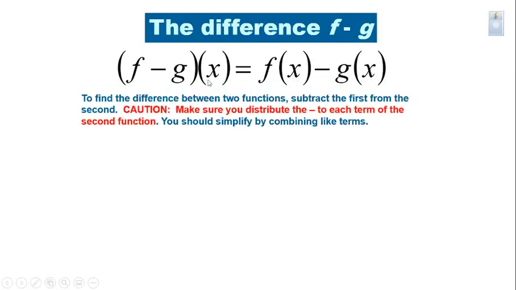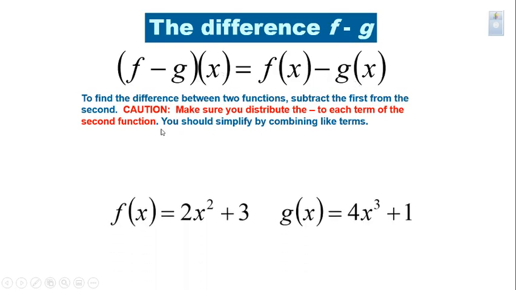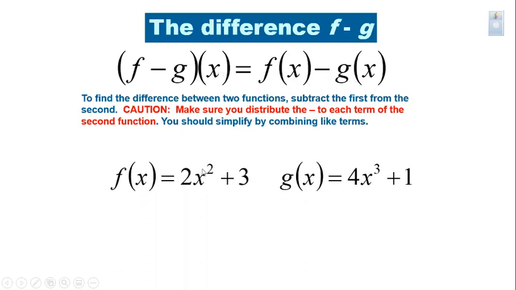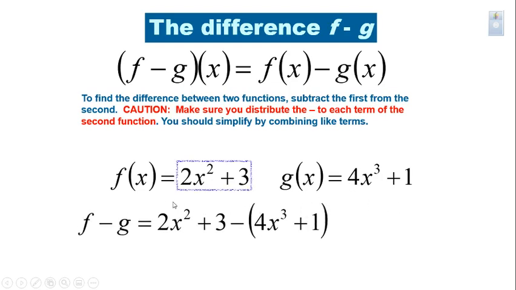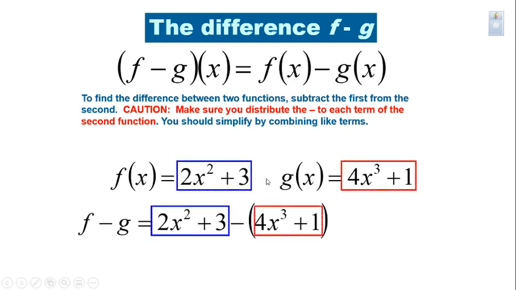Subtraction is similar, but just remember, when you're subtracting, we're subtracting the whole function. So f minus g of x is f of x minus g of x. So if we use the same two examples, we're doing f of x minus the whole quantity of the function g of x. So we have 2x squared plus 3 minus, in parentheses, 4x cubed plus 1.